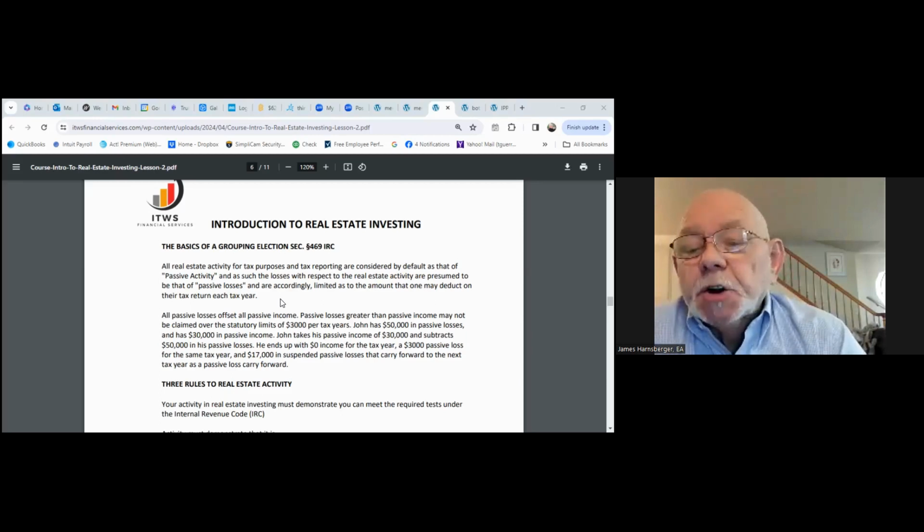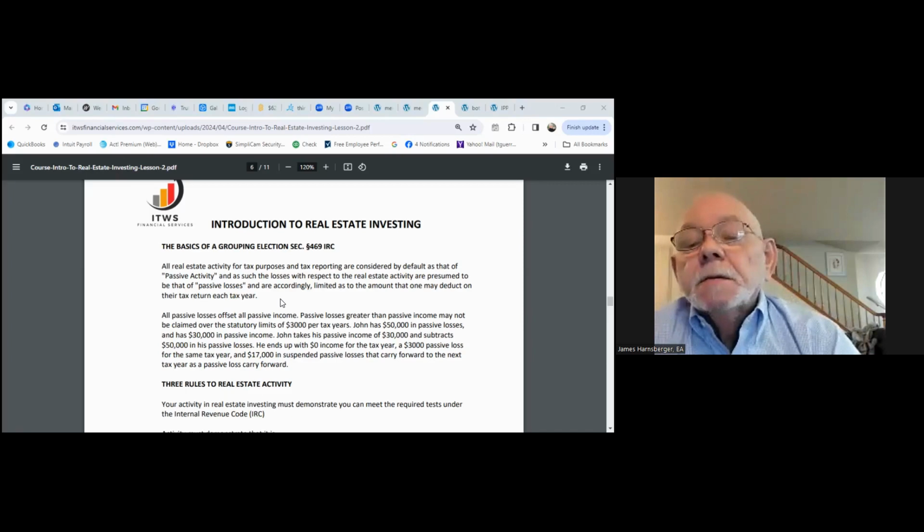And this distinction is important because it addresses not only how you're going to be taxed, but the character under which your taxes will be ordinary tax or passive.